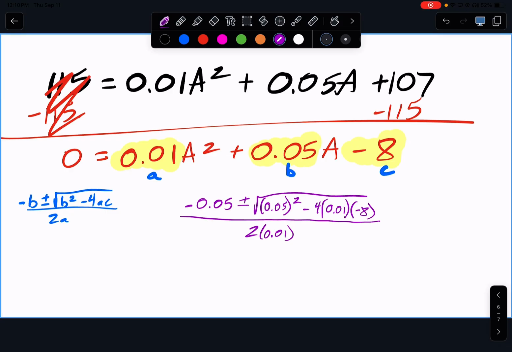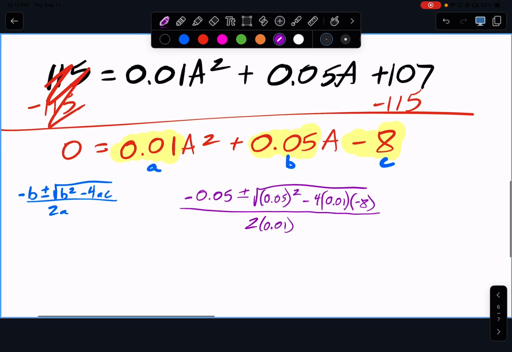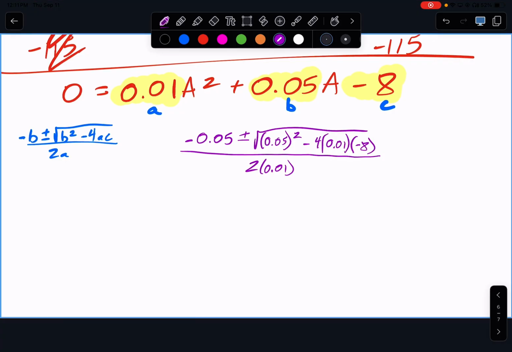Purple is with everything just plugged into its place. Then we simplify it. After we simplify everything, we should get that.